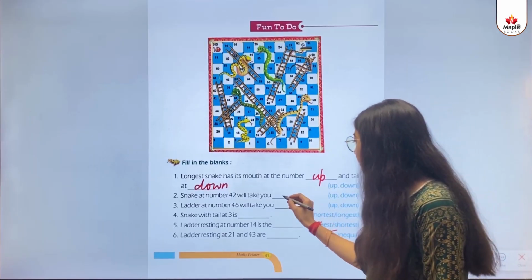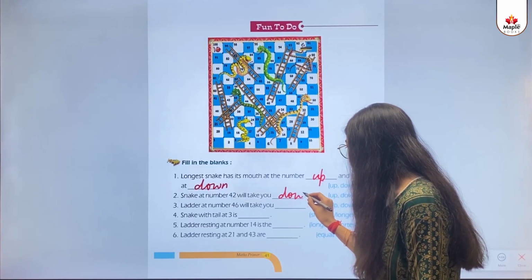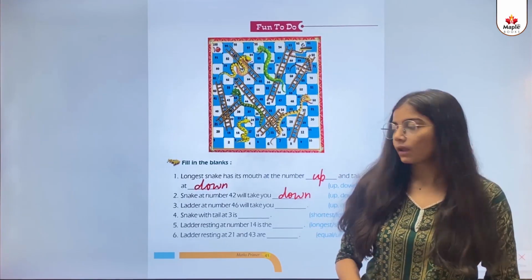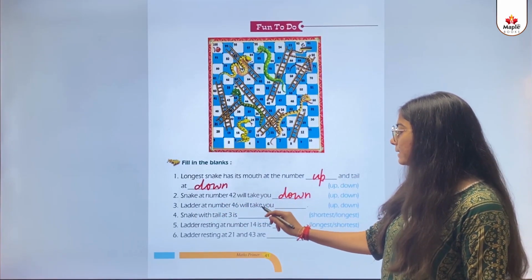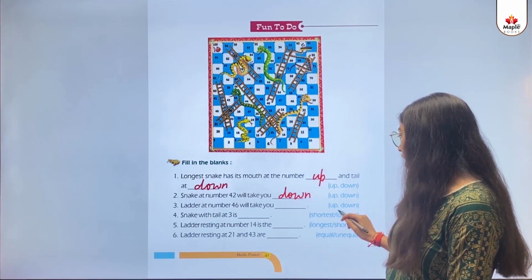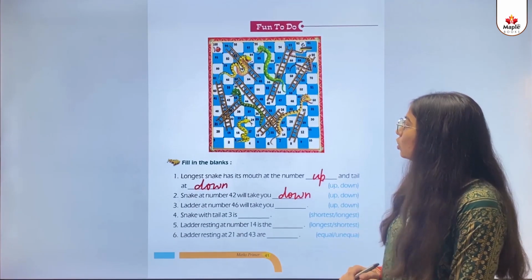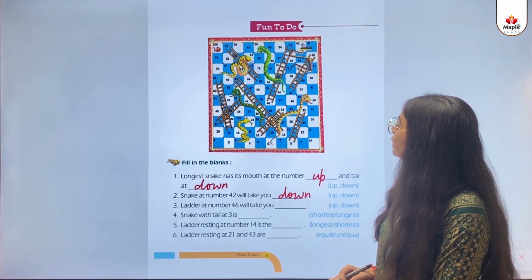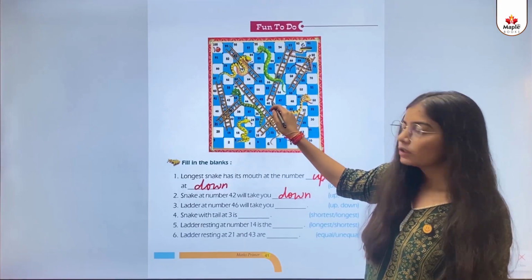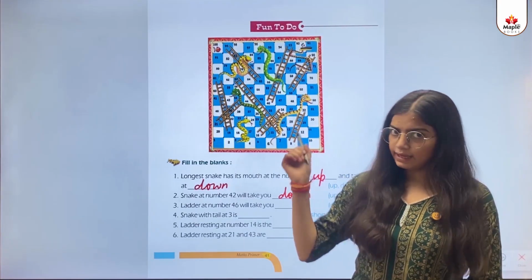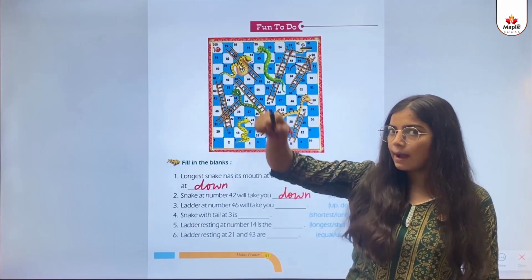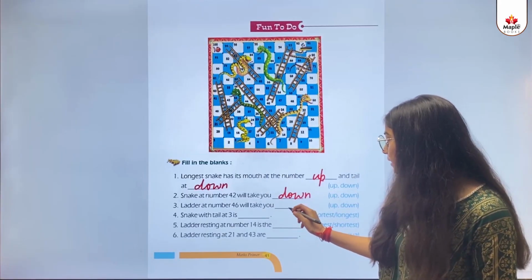So what do we write? Down. Third, ladder at number 46 will take you dash, up or down. So we will look at the ladder 46. There it is. In this game, a ladder will take you up. So what do we write? Up.